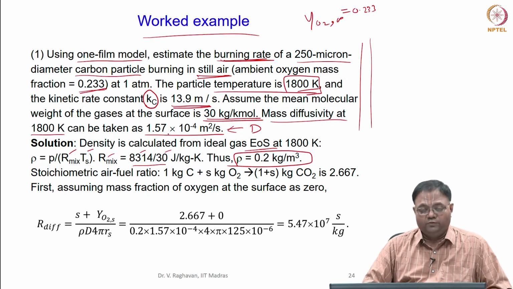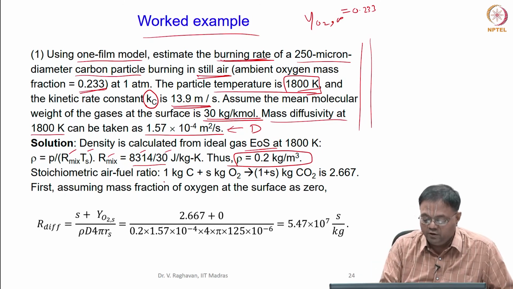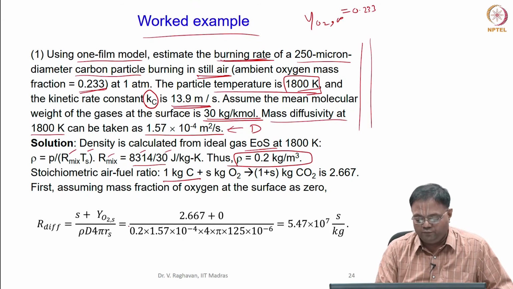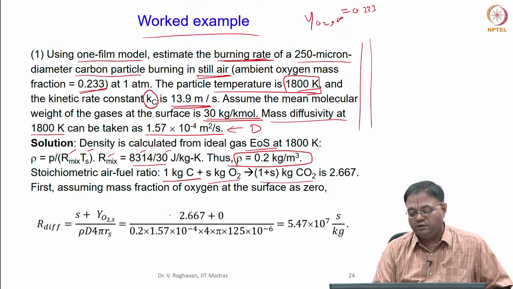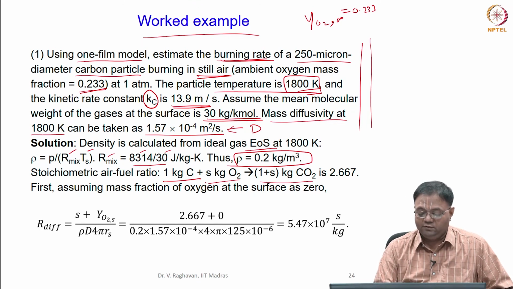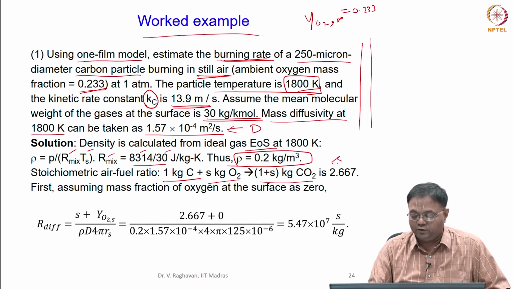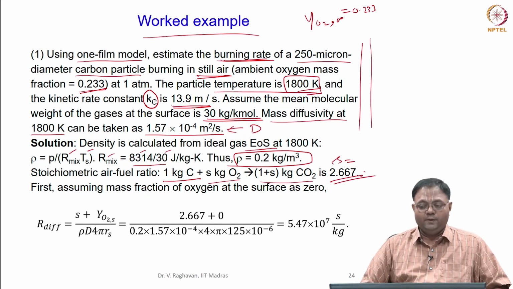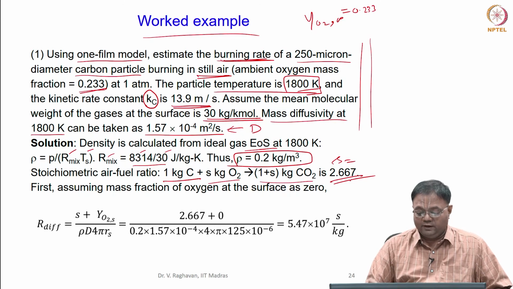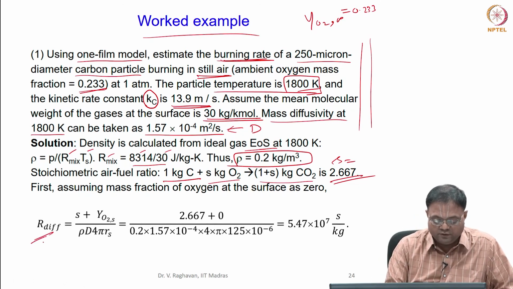Now the reaction takes place at the surface, which is the heterogeneous reaction: 1 kg of carbon plus S kg of O2 giving 1 plus S kg of CO2. S is the stoichiometric air-fuel ratio, so S equals 2.667 here. Now I calculate the resistances.